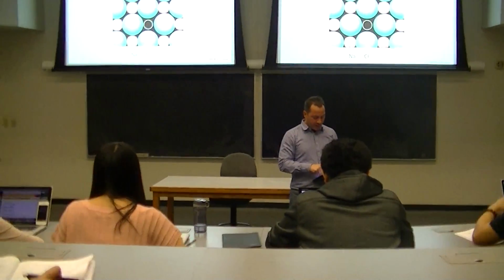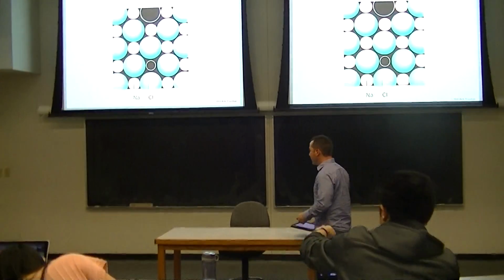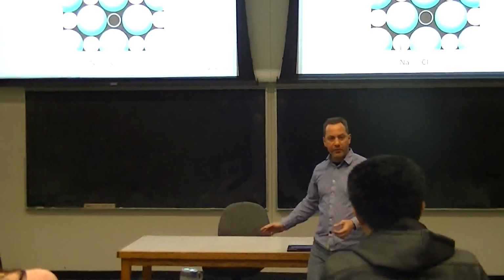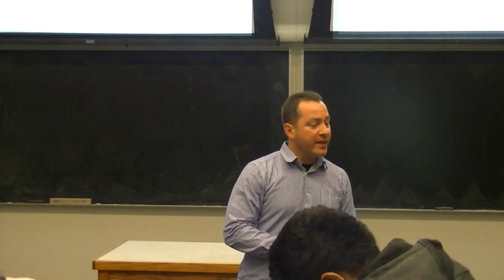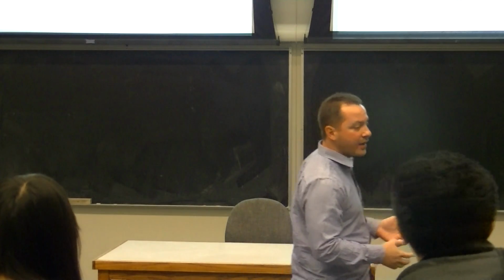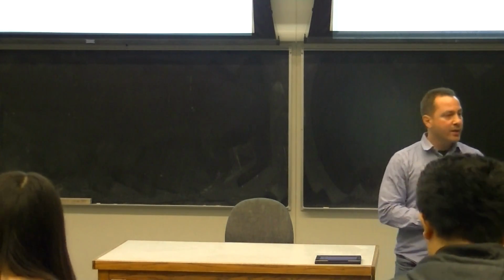I will start by discussing some things that pertain to the structure of ionic solids and solids in general. One of the things that is common in ionic structures, and in the structure of solid materials in general, is that they all have defects.